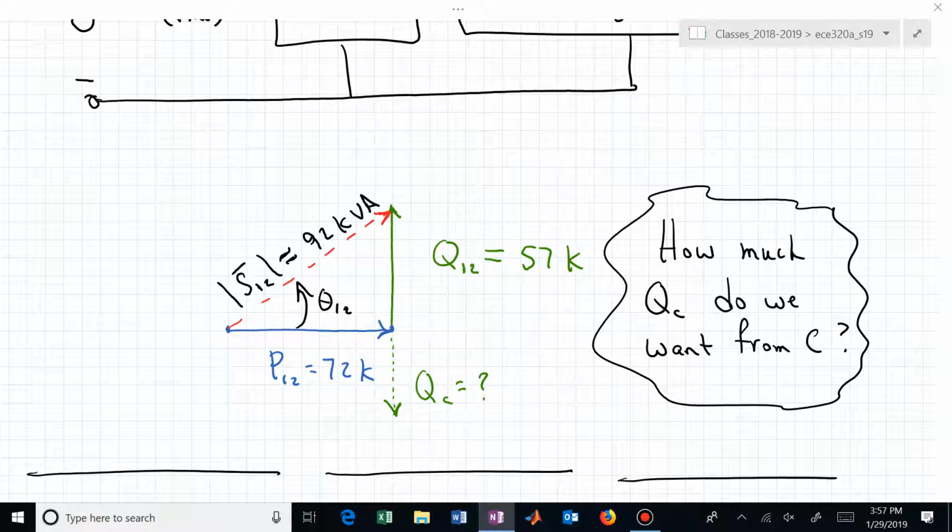Now, what we want to do is find a value of C that will give us some reactive component negative so that the algebraic sum of Q1, 2 and Q sub C makes that reactive component smaller in value than Q1, 2. Is it clear what we're trying to do? Power factor correction is just trying to make that angle smaller in our overall complex power triangle.